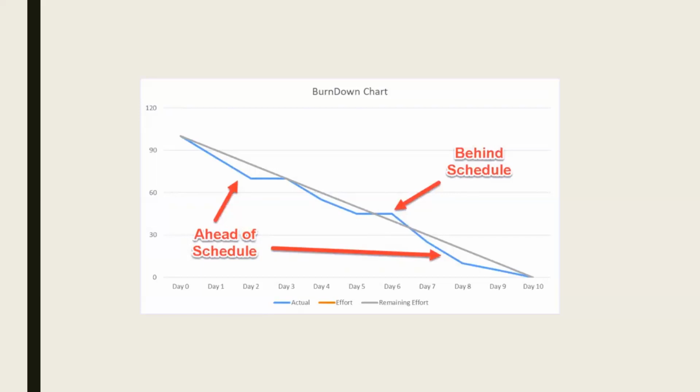Later, as the days go on, some of the user stories have been completed by our team members. Let us say one of the team members has completed one of the stories and the story points have decreased. So whenever the story points decrease, the actual line is going to come down.